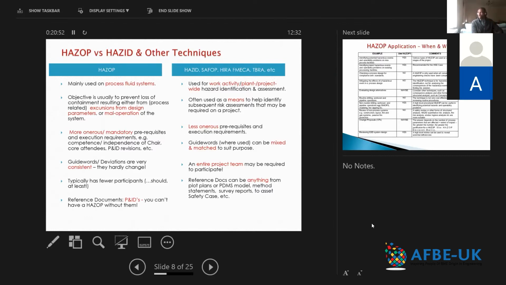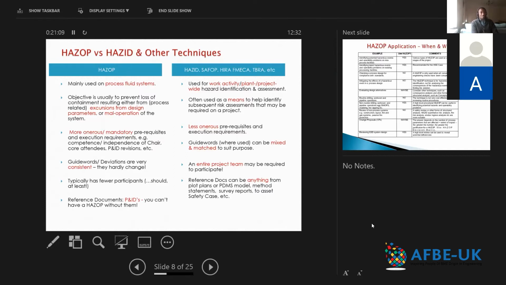All those excursions from the design intent and design parameters are what a HAZOP looks at. In addition to that, it's the human factor, which is mal-operation of the system. So the HAZOP looks at all of those things together.